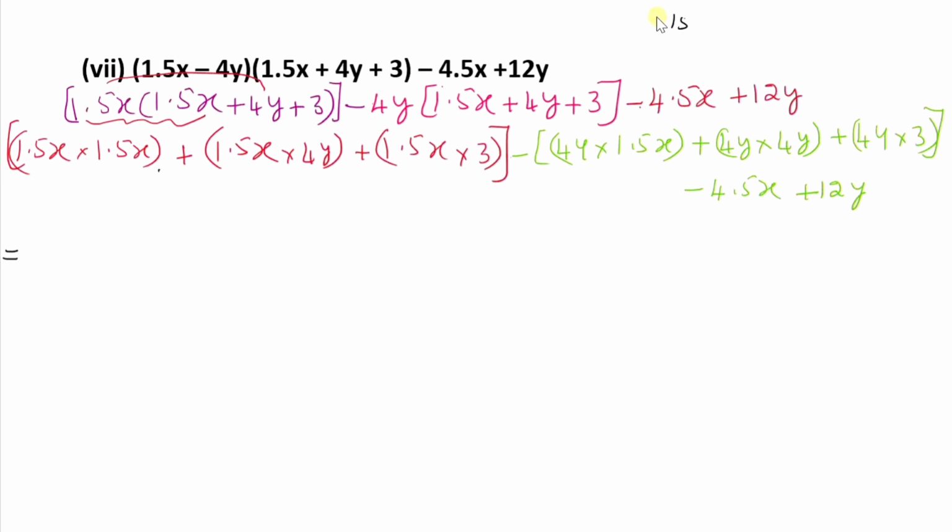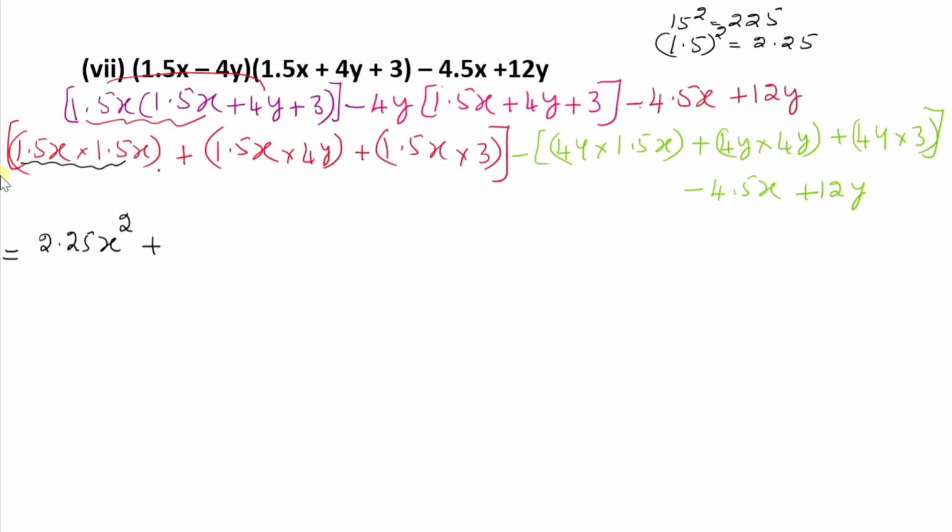If a number has n decimal places, then its square will have 2n decimal places. So 1.5 whole square is 2.25. x into x is x square.